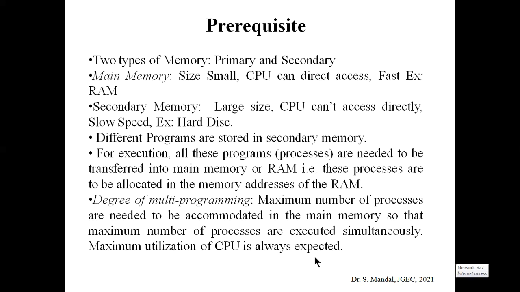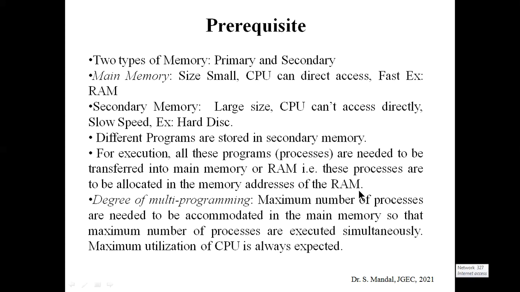So the CPU interacts between the main memory and the process, whereas to access the process from the secondary memory, we need to use cache or other CPU registers. So it should be kept in mind that the CPU cannot access secondary memory directly. As written here, for execution all the processes need to be transferred into the main memory or RAM, that is, the processes are allocated in the memory addresses of the RAM.